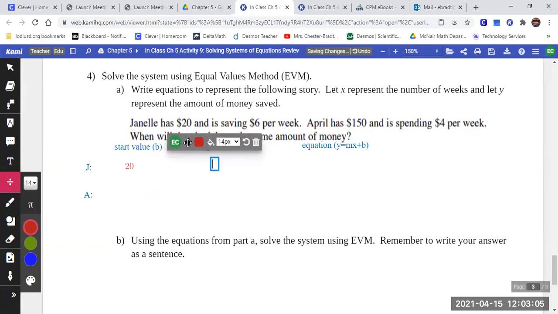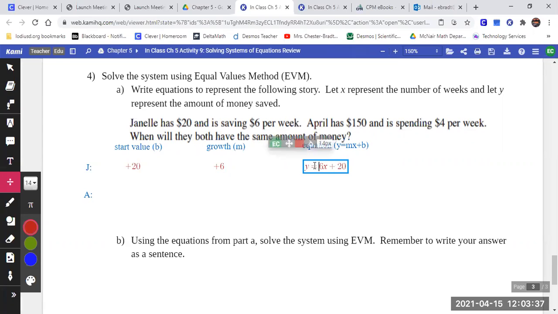Positive $6 each week. Make sure you're doing your signs right, because it'll matter in case you've got one shrinking and one stretching. So if I was going to pull that information together into an equation, what would I say? Y equals 6x plus 20.